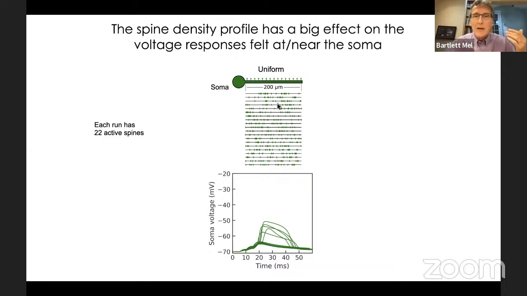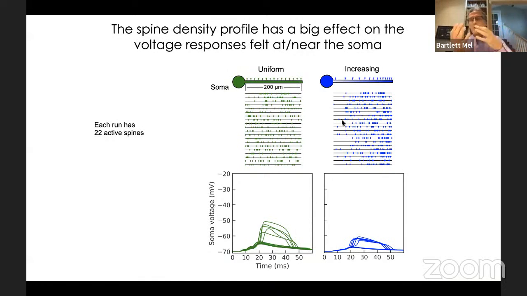You can't really tell by looking at this what any given pattern is going to do, but this is what they did. The one on top is going to be this trace on top, and the one on the bottom is going to be these traces on the bottom. So sometimes local NMDA spikes were generated in this dendrite, several cases of that, and then the rest of the time there were subthreshold responses. So you can see a difference between firing and not firing here. It's not exactly binary, but there it is, and that's for a uniform distribution.